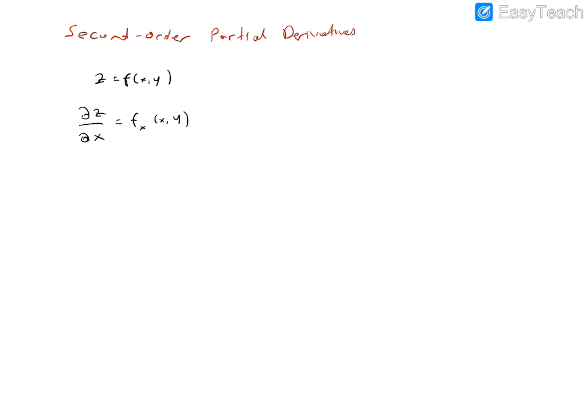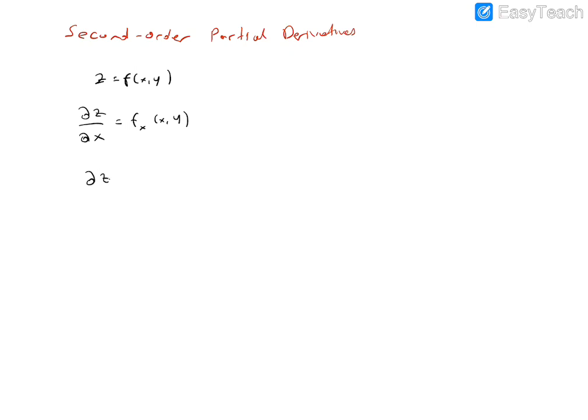On the other hand, we can talk about the second order partial derivatives, of course. If our function is z equals f of x, y, you can calculate the derivative of the derivatives. For example, first we calculate the derivative of z with respect to x, which is denoted by f sub x of x, y.